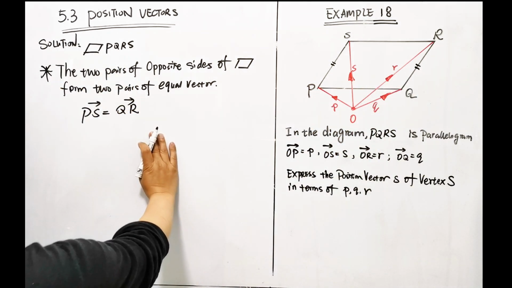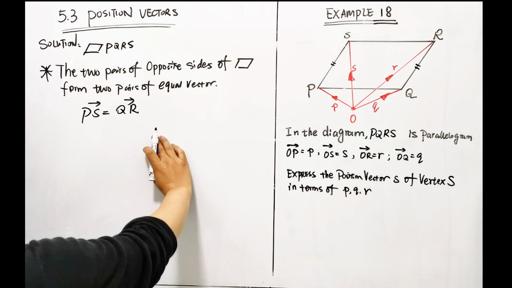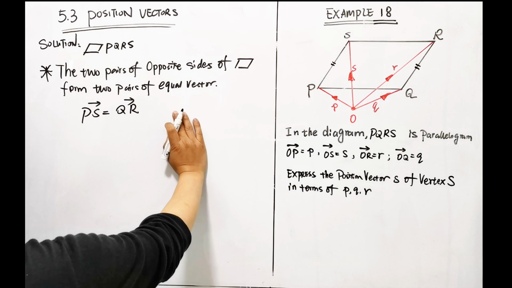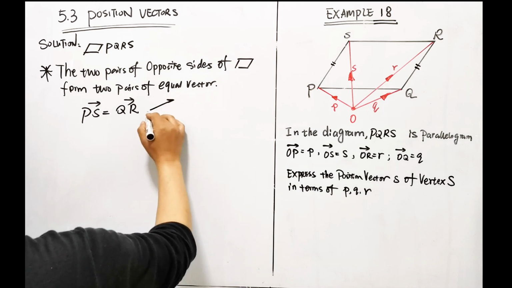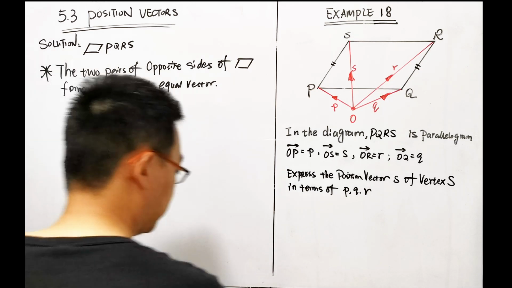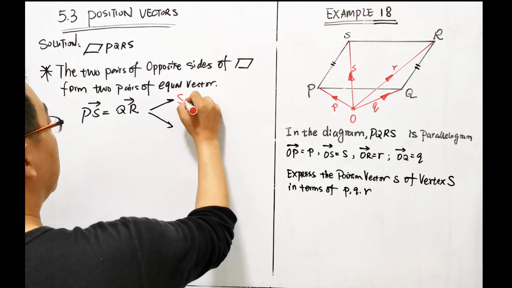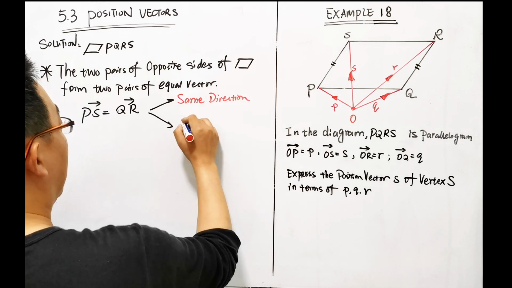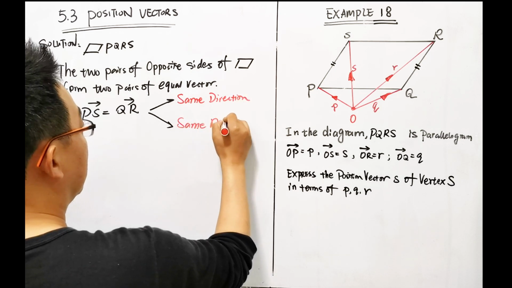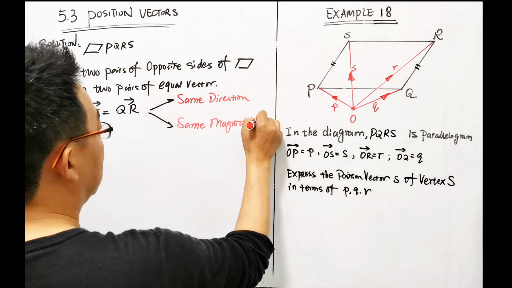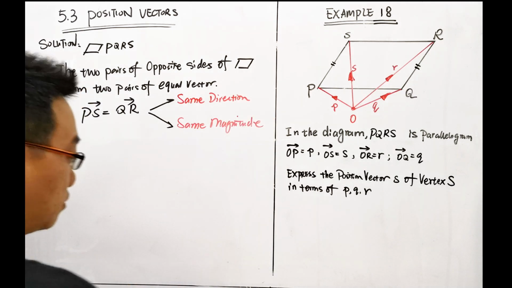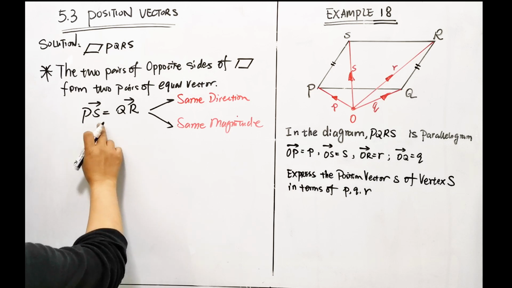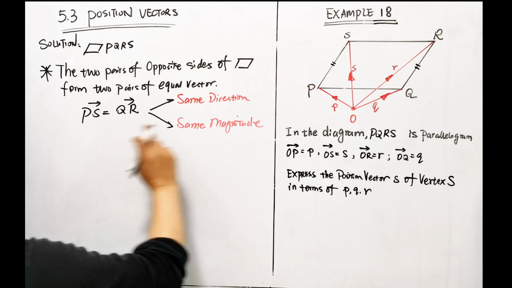They are opposite sides of the parallelogram, and at the same time they have the same direction and also the same magnitude. That is when they form equal vectors. So what is PS?